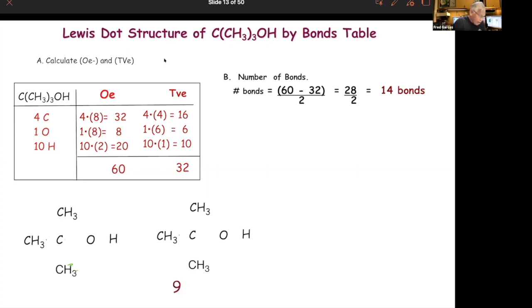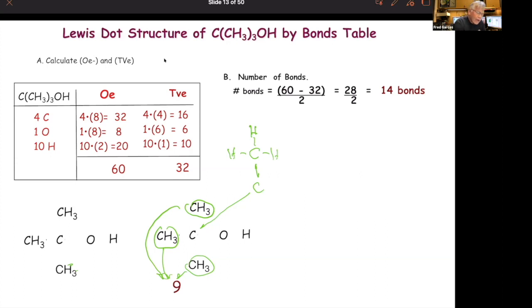I put 9 there because you see how these things right here, that's a CH3. CH3 is actually this. And then that's going to be connected to this carbon right there. So these CH3 groups account for 9 bonds that you have to commit.